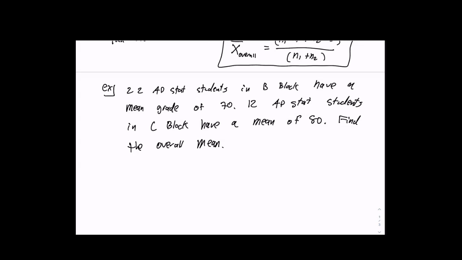All right. Now there's more students in B block than there are in the C block. There's more students in the class that got a 70 than the class that got an 80.